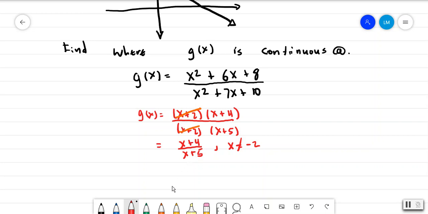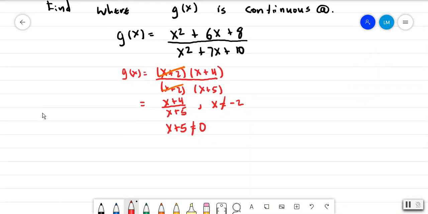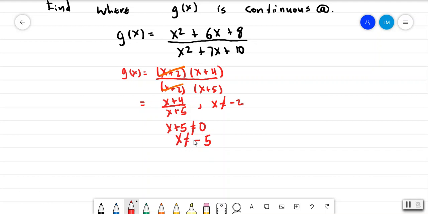But here I also see that if I set x plus 5 equal, well, let's say not equal to 0, it's really preference. Normally in class I'll say we can set it to 0, solve it, and then restrict it last, but it's all the same. So you end up with x equals negative 5, but we don't need it to be equal to that.